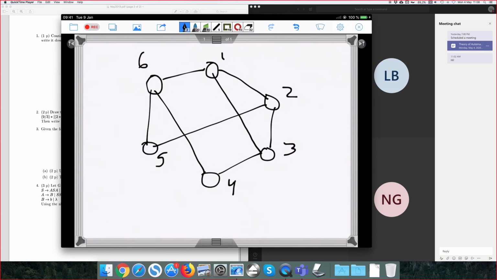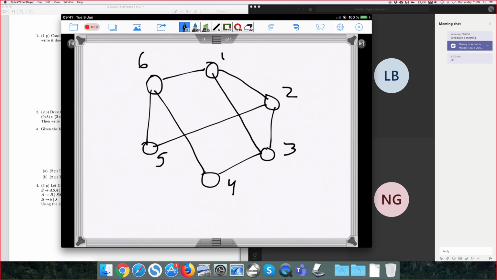So when you are asked a question like this, with what we have studied, the cases in which we know how to find a Hamiltonian path, which in our case is only for tournaments, and this graph is no tournament.